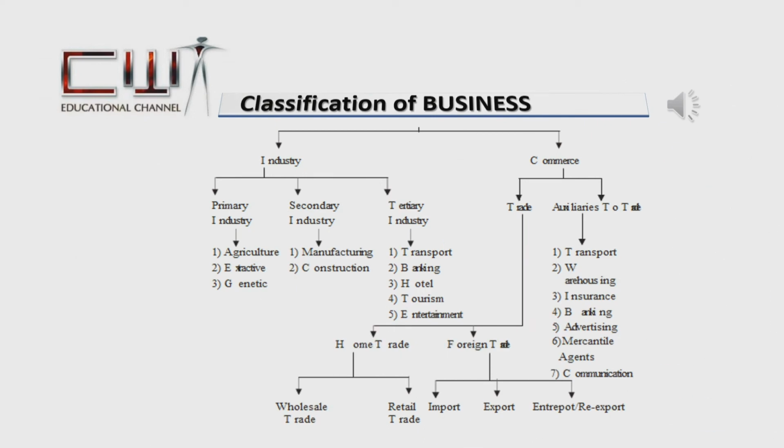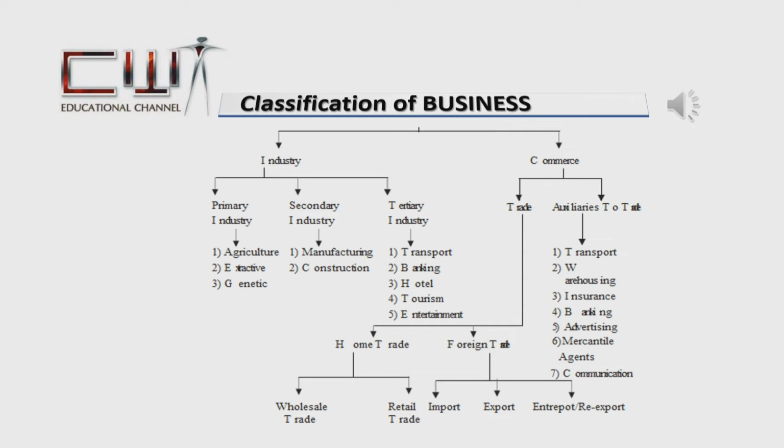Industry implies the economic activities that are associated with the conversion of resources into goods that are ready for use. This involves production and processing of goods, mining, breeding, and rearing of animals. The goods produced may be consumer goods or capital goods. Consumer goods are those goods which are used for direct satisfaction of wants by the consumer.